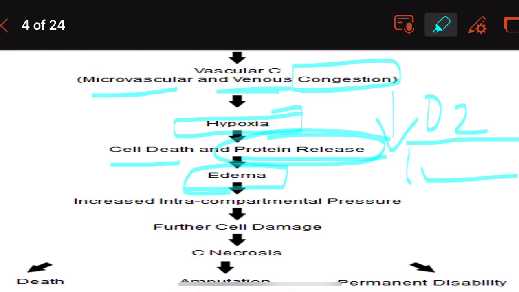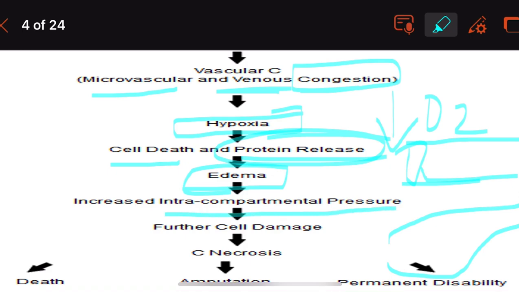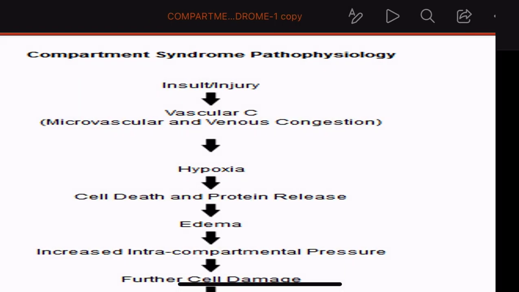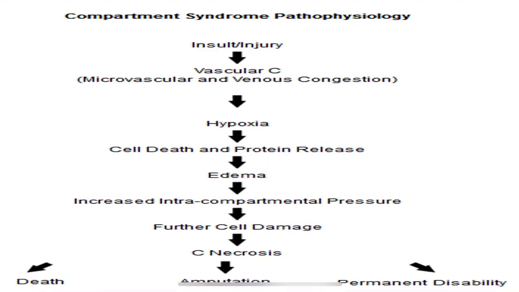This is the normal leg, and here in compartment syndrome, you can see the swelling of the leg. Increased intracompartmental pressure and further cell damage occurs, resulting in necrosis, and the person may have to undergo amputation. So guys, you understood there is congestion leading to hypoxia. Because of hypoxia, no oxygen via the blood, there is cell death, necrosis, and protein release, which leads to edema.